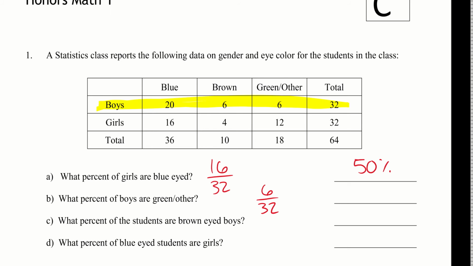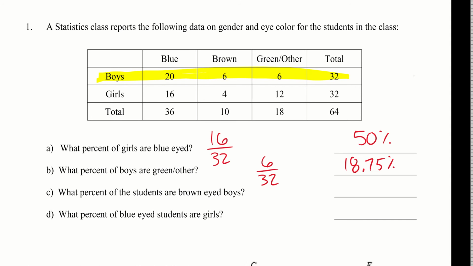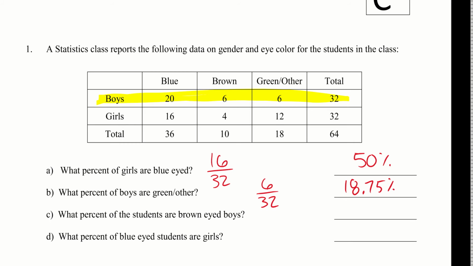If I do that, I think I get 18.75. I'll just write that down. That's 18.75%. You could record that as 19%, or actually 18.75. Two decimal places is fine. If I really care, I'll ask you to round to a certain number of decimal places, but that's fine.